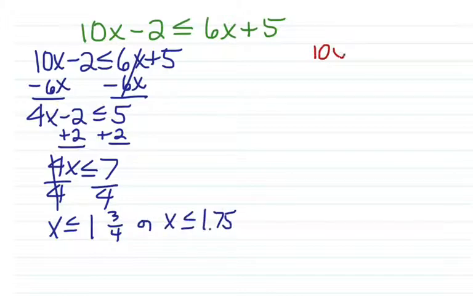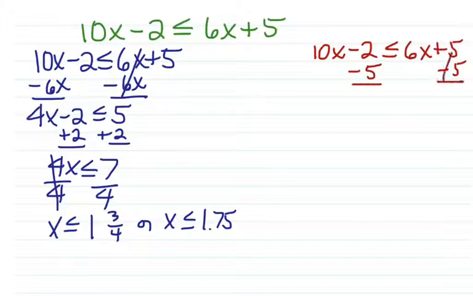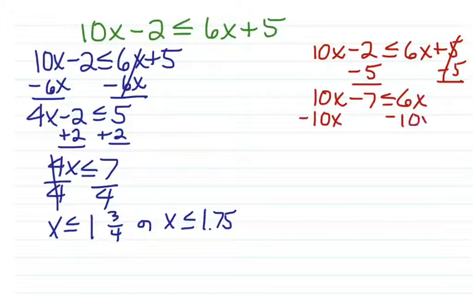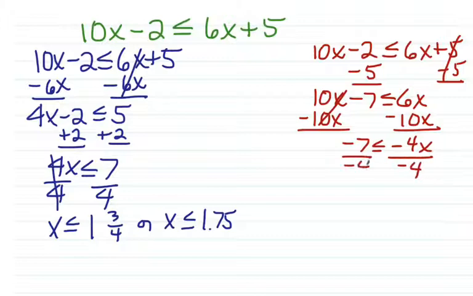But maybe I would have chosen to do it differently. Maybe I wanted to start by subtracting 5. If I do that, now I got a -4x. Is that a problem? Well, when I do that division, I have that -4. I'm going to have to flip the symbol around.